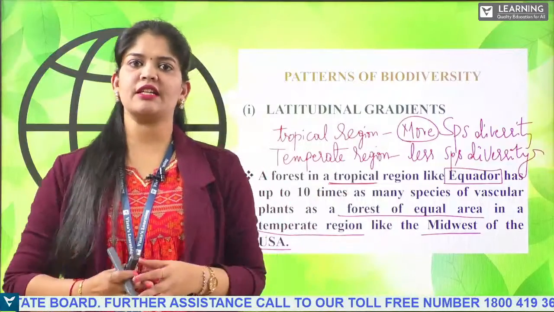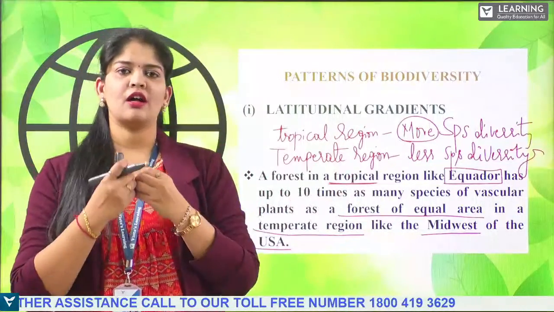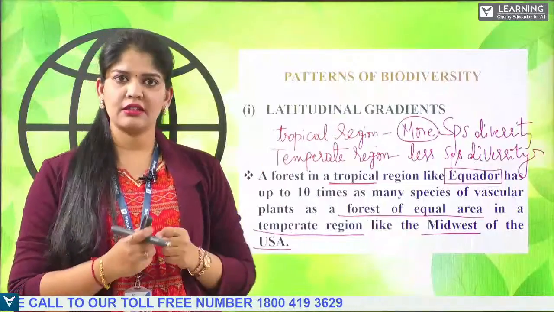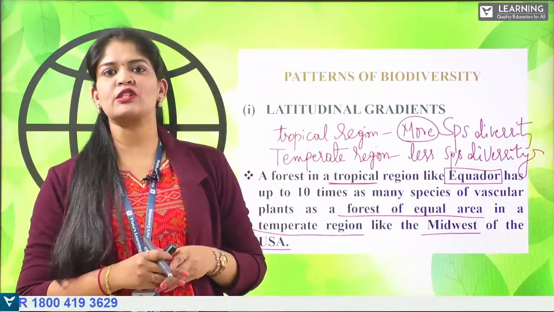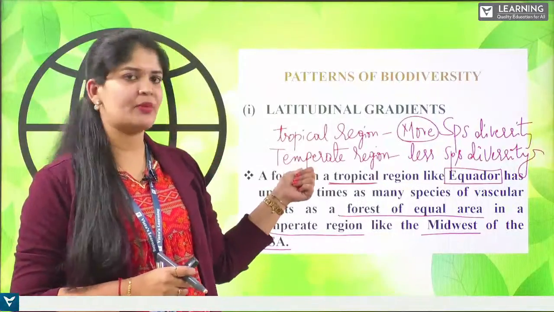So the statement here is an example which supports our statement that more species diversity is present in the tropical regions when compared to the species diversity present in temperate regions.